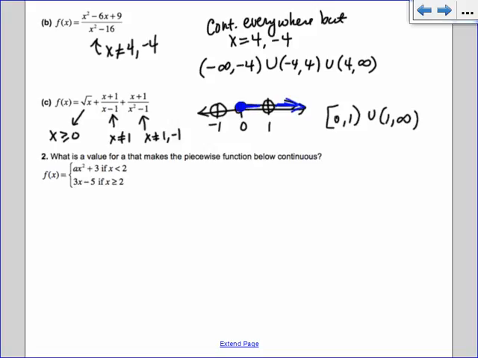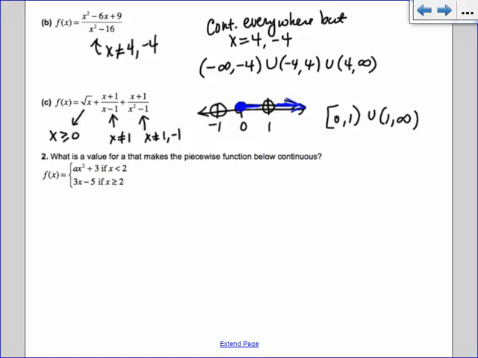All right, so the ones that the AP test does ask about all the time. I mean, it's important to know all these basics about continuity, but the ones that they will have all the time are things like this. So it says, what is the value for a that makes the piecewise function below continuous? Okay, so you always have to think, well, what does it mean for something to be continuous? It means that the limit as x goes to 2 or whatever is equal to f of 2, right? You can just plug it in.